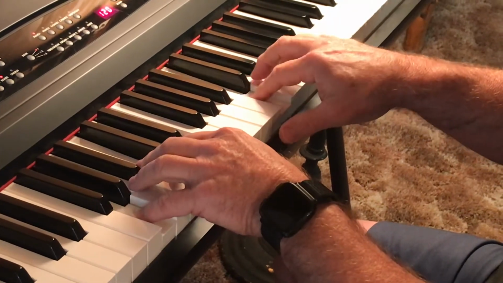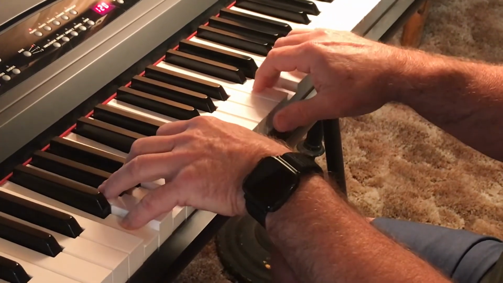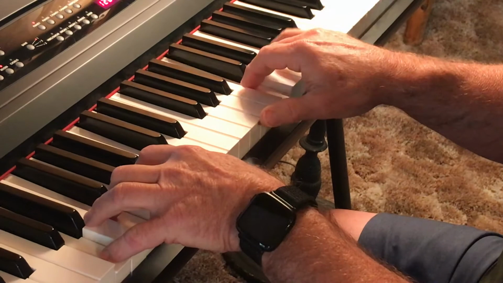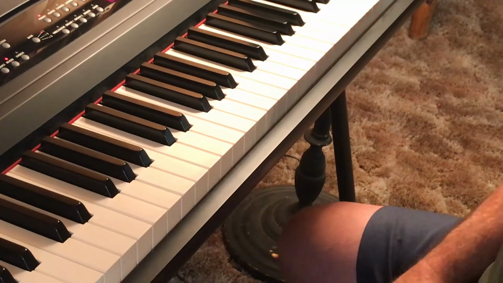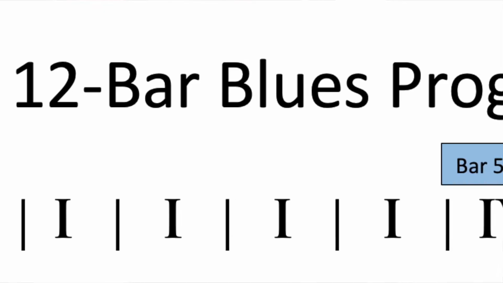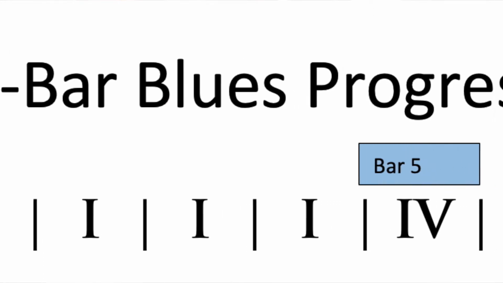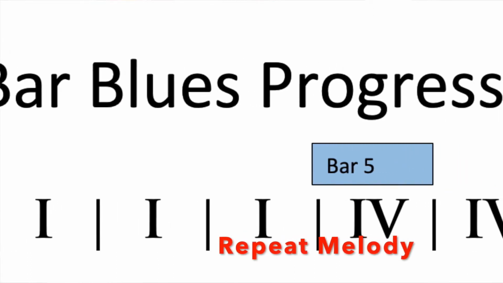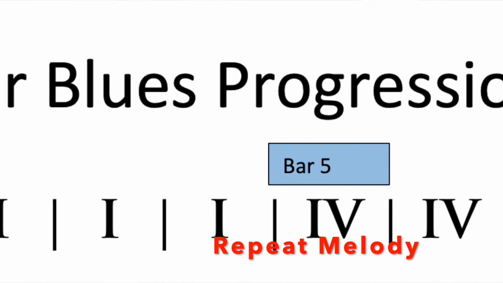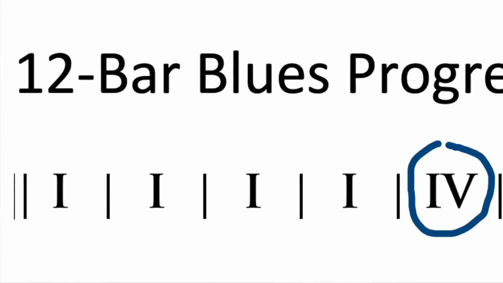That's also why you can play a 4-bar phrase on a blues and it will still sound good if you repeat it, because the chord changes on bar 5, giving the melody a whole new perspective.